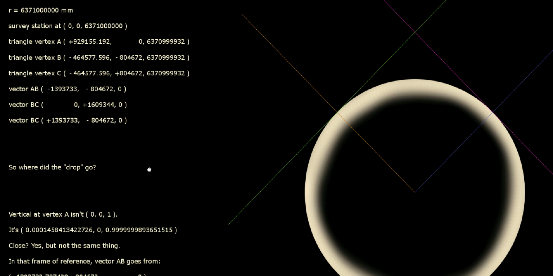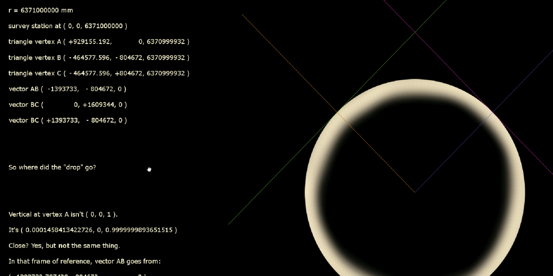At vertex A, vertical is the sine of the angle that is 0.577 miles, well, it's 929 meters over 6,371 kilometers, which is 0.000146.